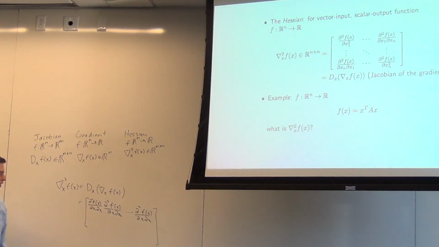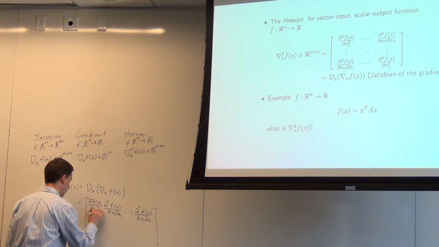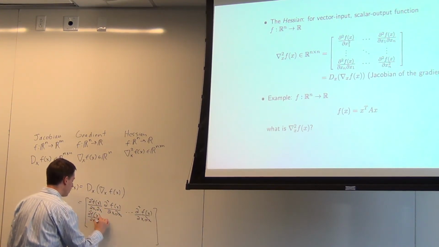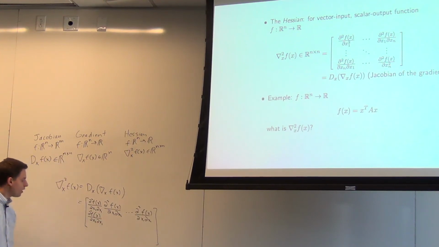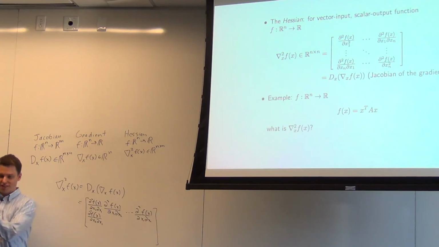And this, interestingly, will actually be a symmetric matrix, we know, right? Because this term here, for example, is the partial squared of f of x, derivative x2 partial x1. And it does not matter in derivatives, remember, whether you take one derivative first and then the next, x2 first then x1, or x1 first and then x2.